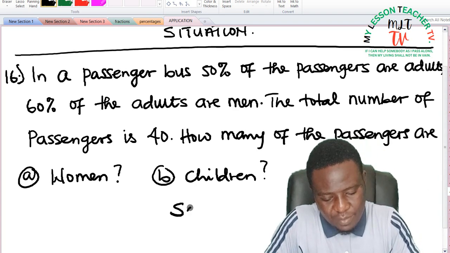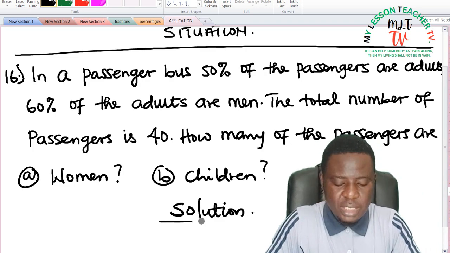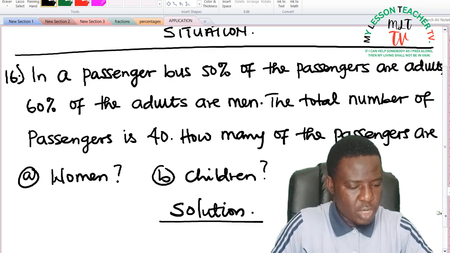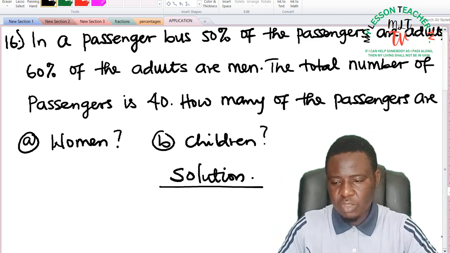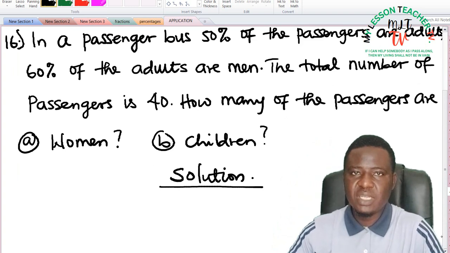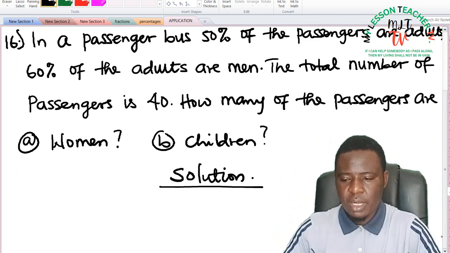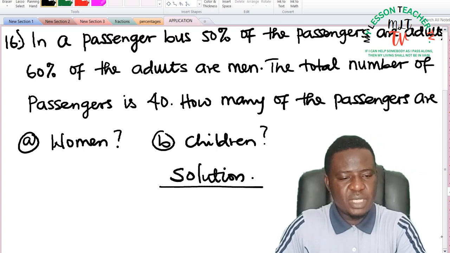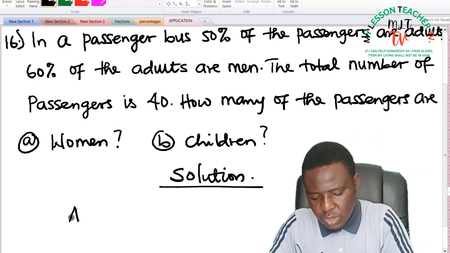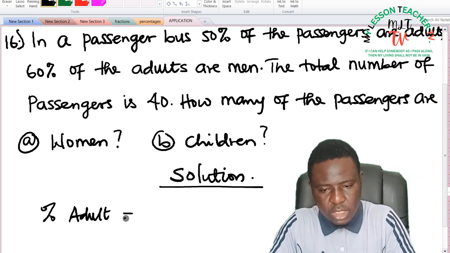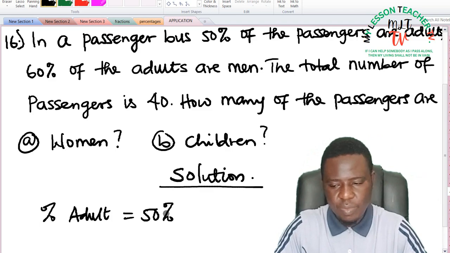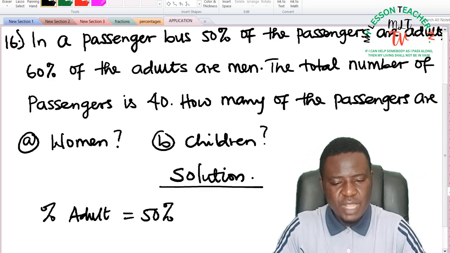Just like I always say, the first step in solving a problem is understanding the problem. So let's fish out the parameters as given in the question. In the passenger bus, 50% of the passengers are adults. So the percentage of adults is equal to 50%. 60% of the adults are men.